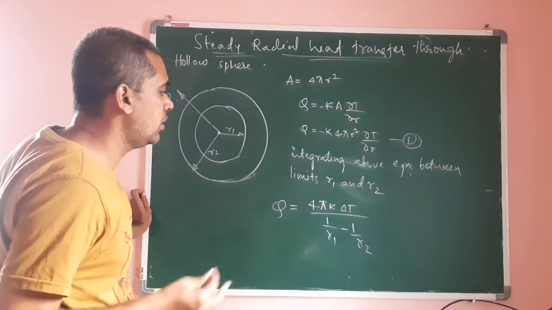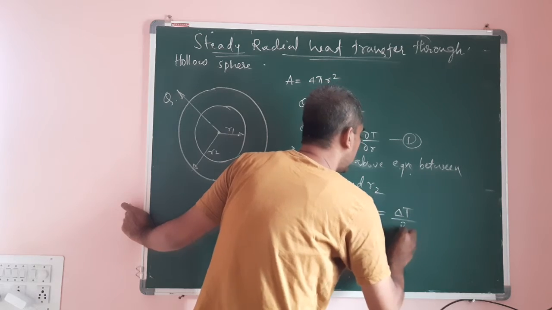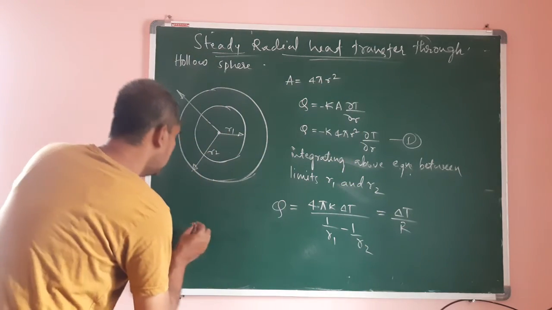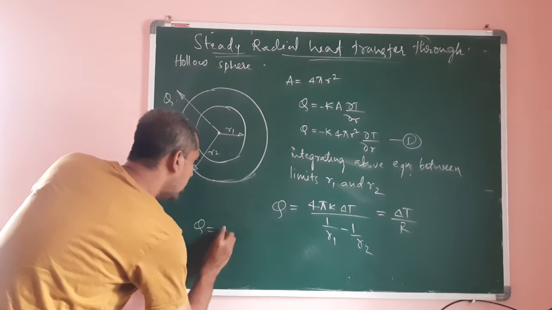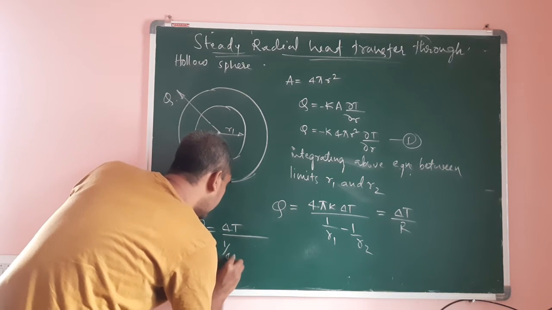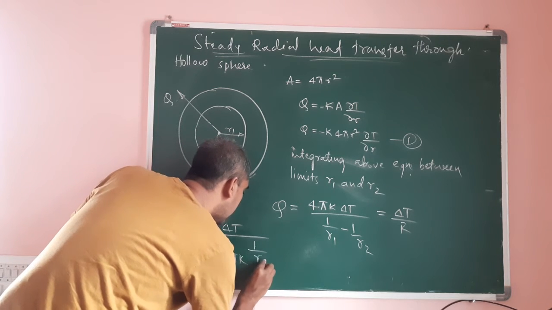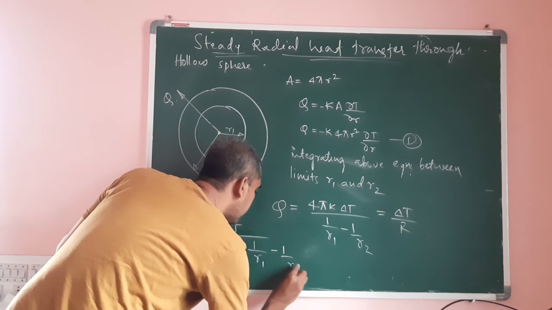If we want to write it in the form of delta t divided by R, we can write Q is equal to delta t divided by 1 by 4 pi k into 1 divided by r1 minus 1 divided by r2.